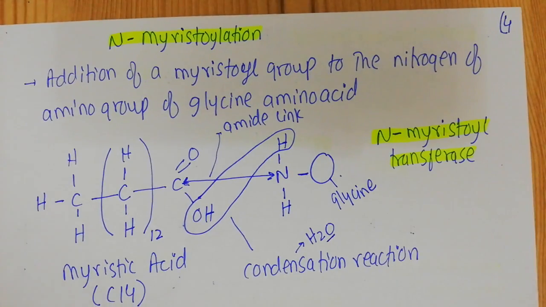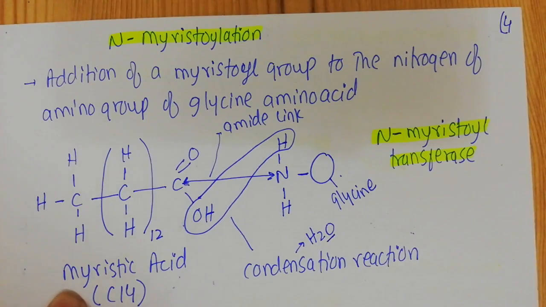As I told you in the last video during the S-palmitoylation, we are not adding the whole of the palmitic acid, but rather a palmitoyl group to the cysteine amino acid. Same is the case over here. We are not adding the whole myristic acid to the amino group of the glycine. What we are adding is a myristoyl group.